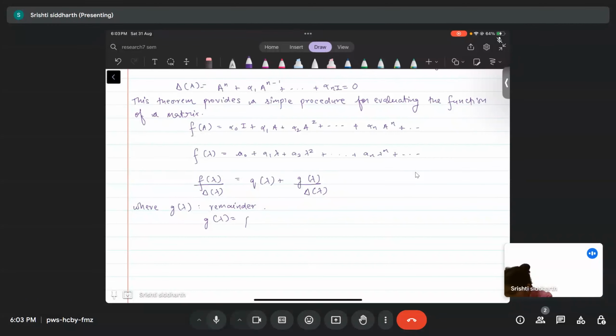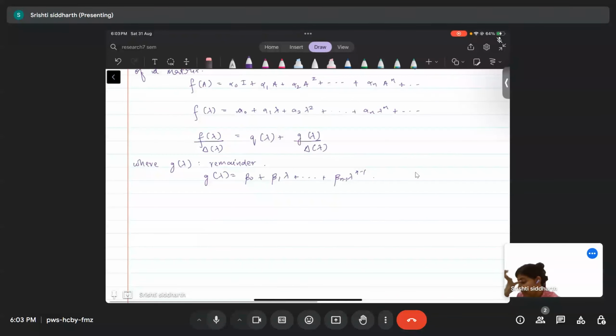So let's say there are some coefficients beta, so beta naught plus beta 1 lambda, so on up to beta n minus 1 lambda n minus 1. Okay. Now this equation, we can rewrite as f of lambda equals q lambda delta lambda plus g lambda. So let's assume that there are distinct eigenvalues.